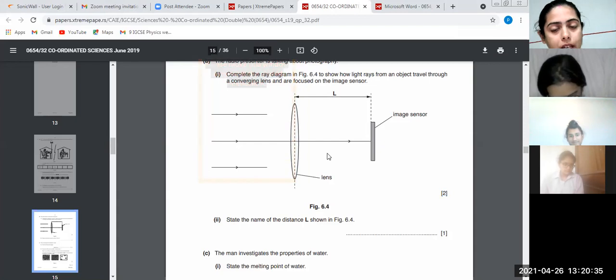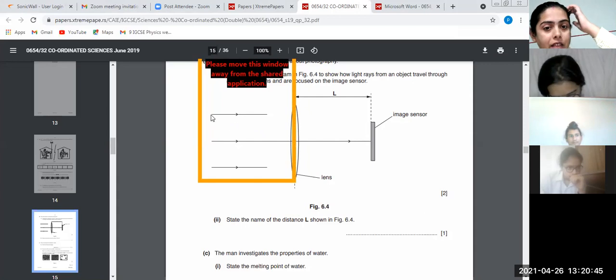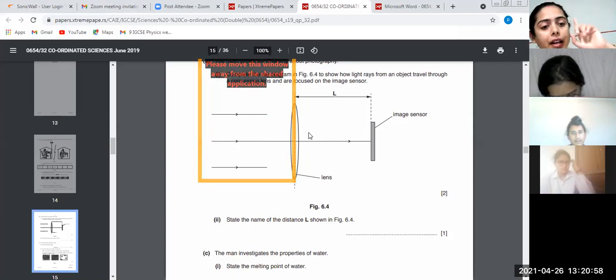Fine, so if you do it correctly you will get 2 marks, and please make this very clear. You have to draw the straight lines the way the line is coming, use the scale, take it till the center. Wahan pe unhone dotted lines banayi hain onto the lens. If the dotted lines are not drawn, draw them first. Fine, take the center and then converge it.